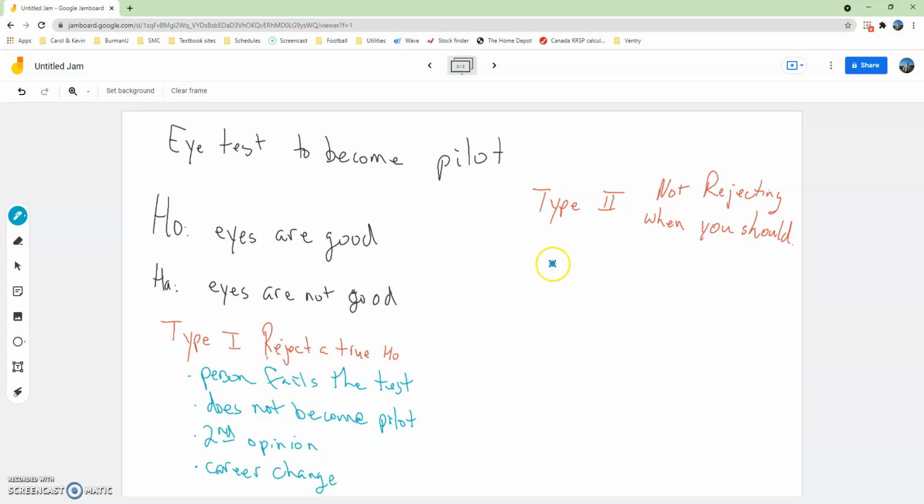So a type 2 error, you're not rejecting it when you actually should. You basically should say, let's reject the null hypothesis because your eyes are not good. So basically here, the consequence is someone with bad vision becomes a pilot.